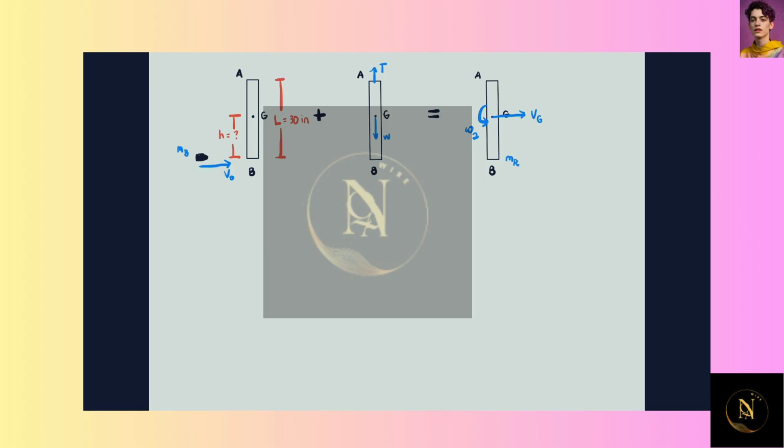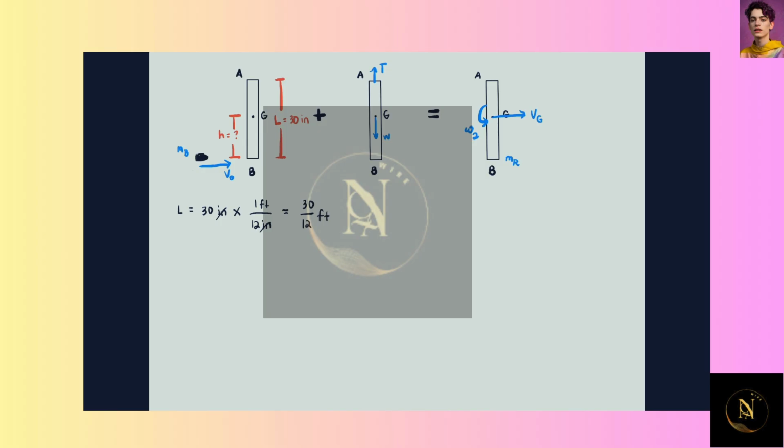L equals 30 inches times the conversion factor, 1 foot is to 12 inches. Cancel inches. This would be equal to 30 over 12 feet.